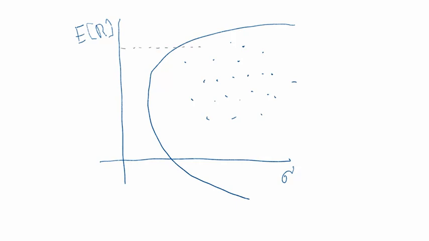So we can say, all right, here's a mean. What's the lowest possible standard deviation? It's this point right here. Well, here's a mean. What's the lowest possible standard deviation? Well, it's this point right here. So this curve here is called the minimum variance frontier.